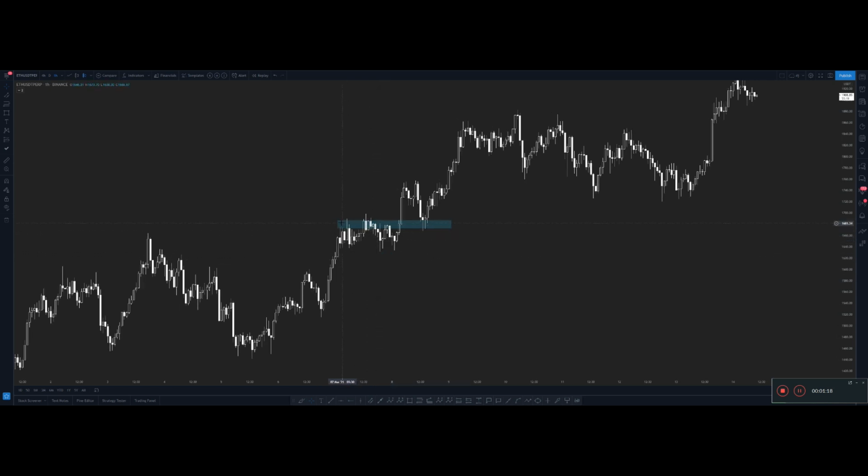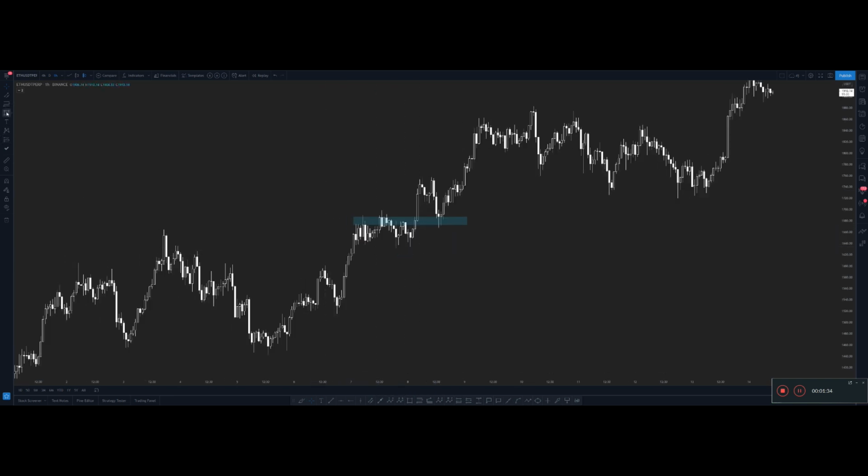For instance, here the trend was up before, and then we just consolidated here, that is, reaccumulated. So this resistance on the top works as support.